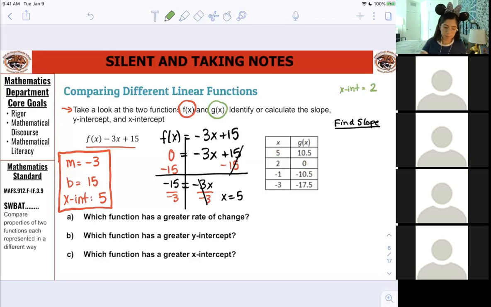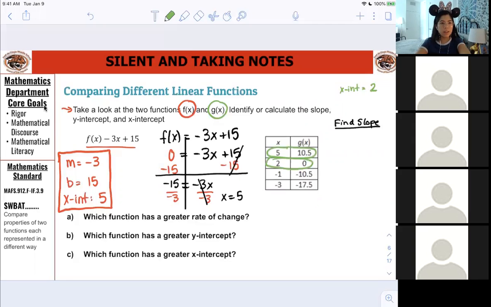While you guys finish up, can somebody tell me which 2 points they chose to use? 5 and 2? Okay, I'll use those same ones. Good, guys.